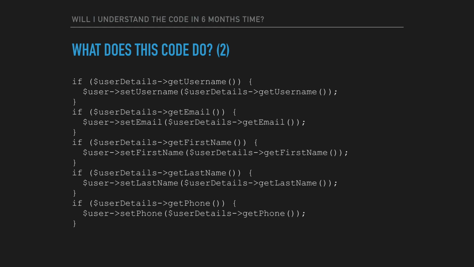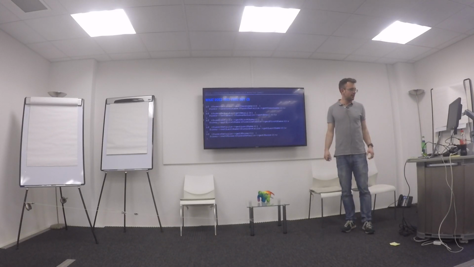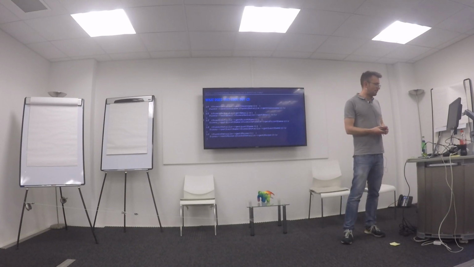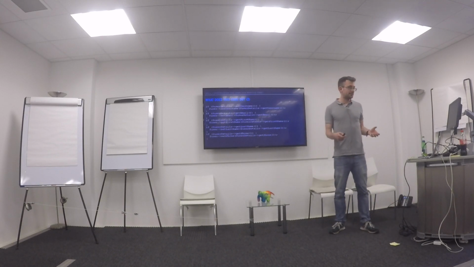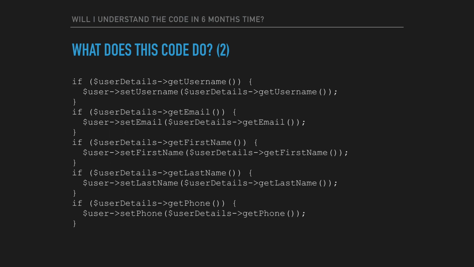It's basically copying code from user details and putting it into the user object. That functionally is the same as the previous code. It's not as clever. It's a bit more boring, but generally with code, boring is good. If I saw something like the original, I'd have no idea what's going on, and that's something I would pick up. Make it simple.